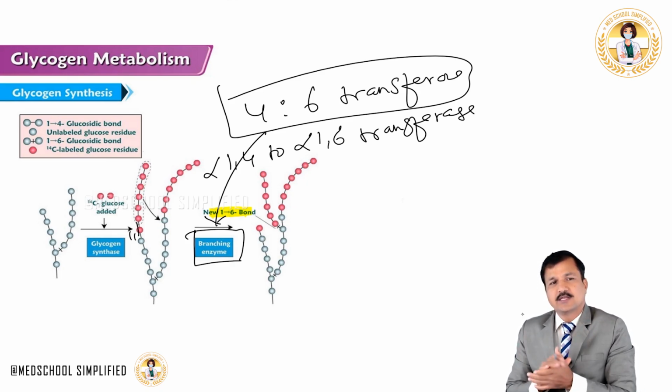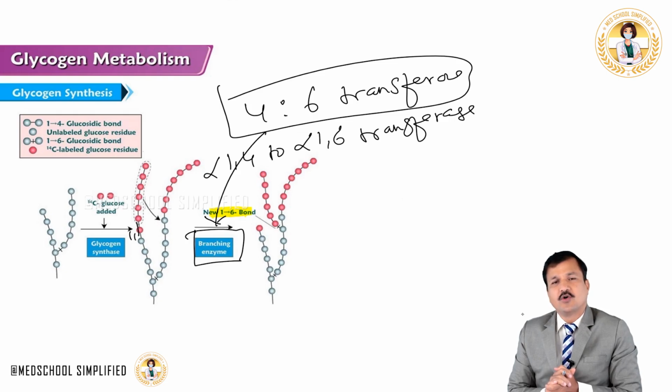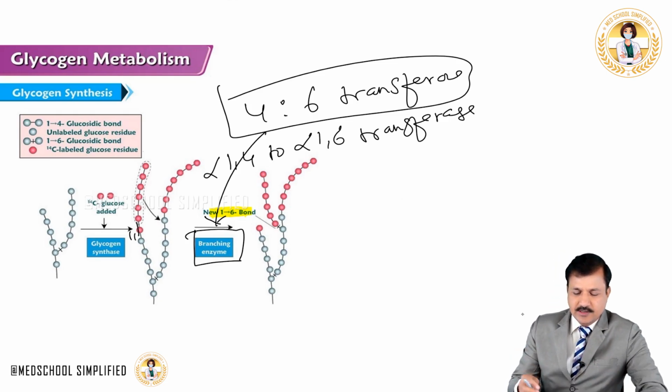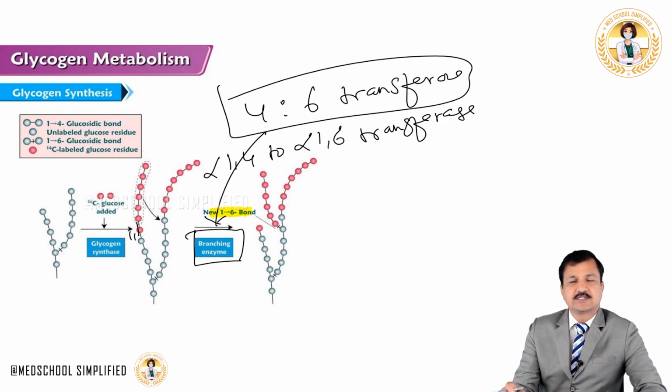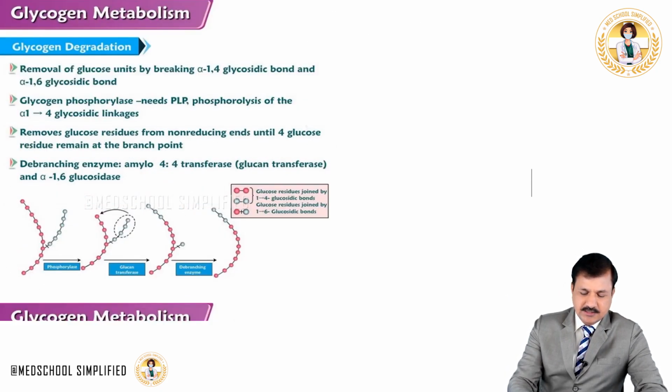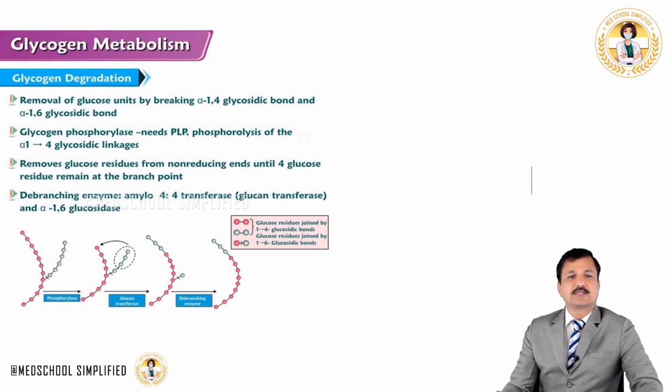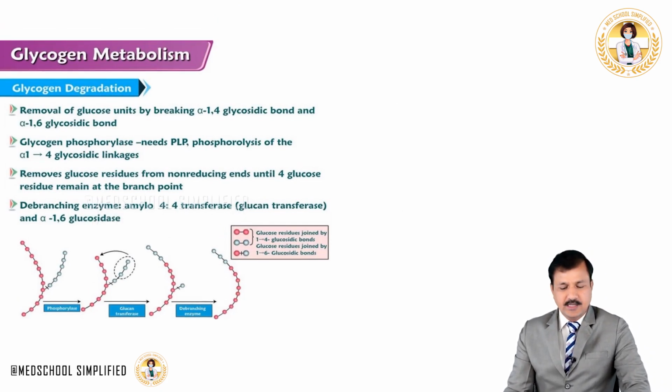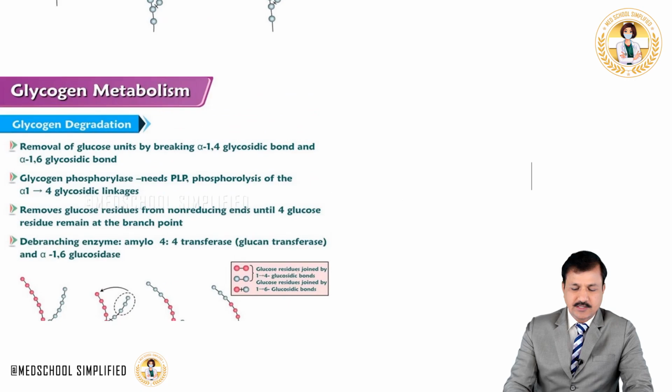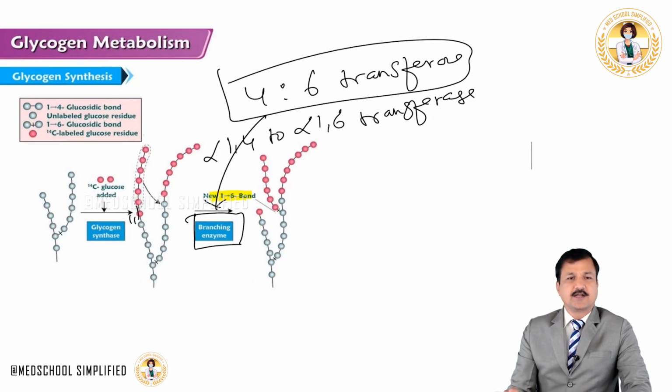That's why the enzyme is called 4,6 transferase or alpha-1,4 to alpha-1,6 transferase. Like this, with the help of the glycogen synthase enzyme and the branching enzyme, a highly branched glycogen structure is made here. So that is how glycogen synthesis is done.